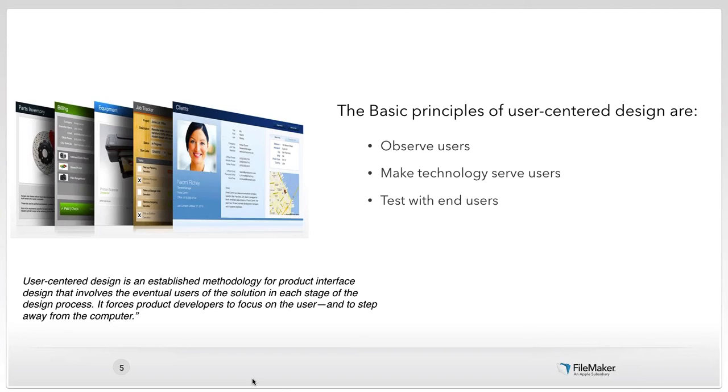The other thing is to really think about technology helping people, not buying something that you think might help, but actually really thinking about it, involving the user and making the technology serve the users. And the last and most critical is that you should never roll out any custom app without first testing it with the end users, the people that really are going to be using it, not the person that's managing the project, certainly not yourself. It should be testing with the end users.